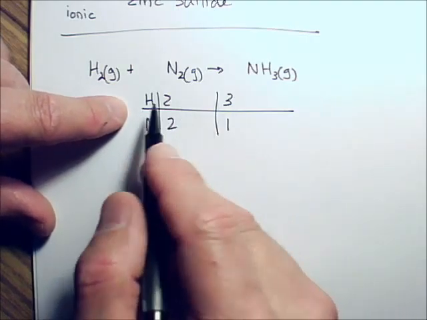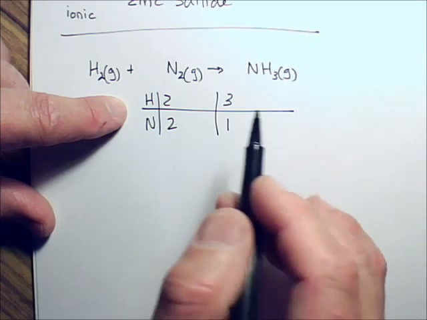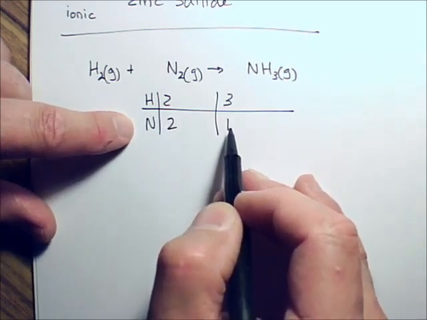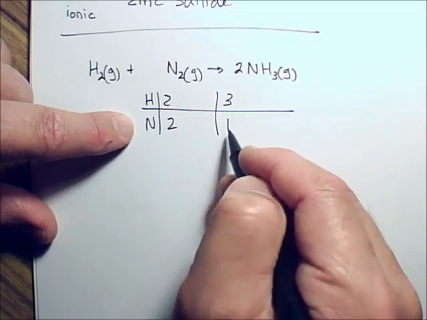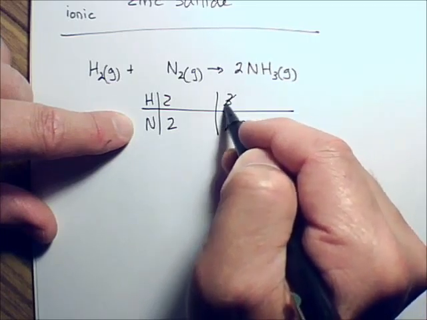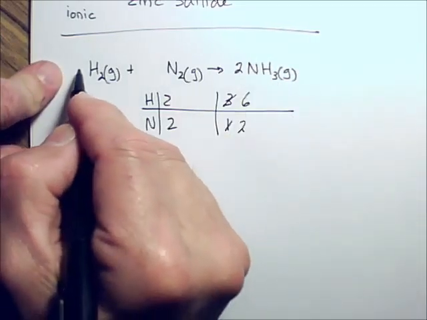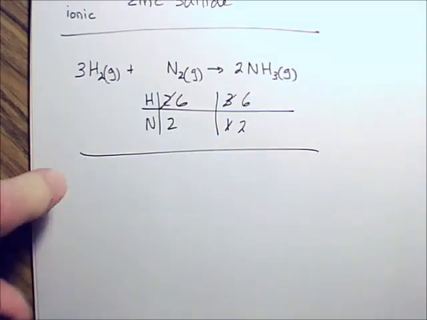Since our rule is we save hydrogen for next to last, and there is no oxygen, which we save for last, then I need to balance the nitrogens first. So I'm going to put a 2 in front of that. That's going to change the number of nitrogens to 2 and the number of hydrogens to 6. So I need a 3 over here to make that a 6. Okay, it's a pretty simple balance.